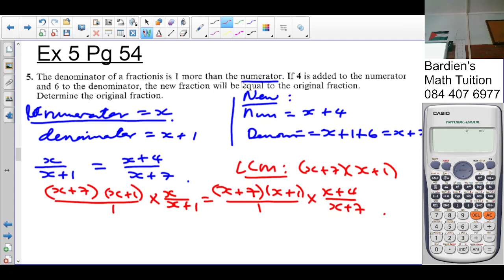So what happens now is that cancels, so I've got x times (x plus 7). This cancels, which gives you (x plus 1) times (x plus 4). Can you see that? So from here it's a matter of solving for x.